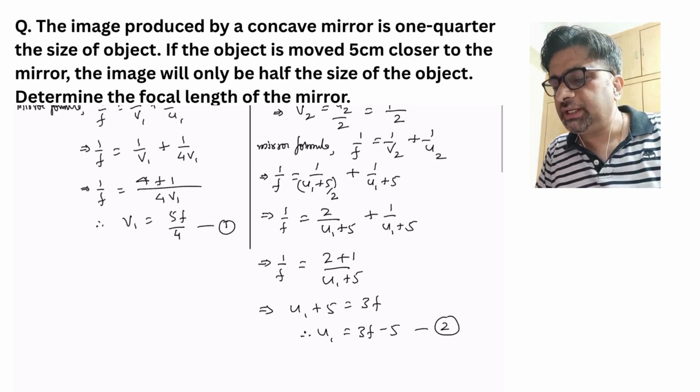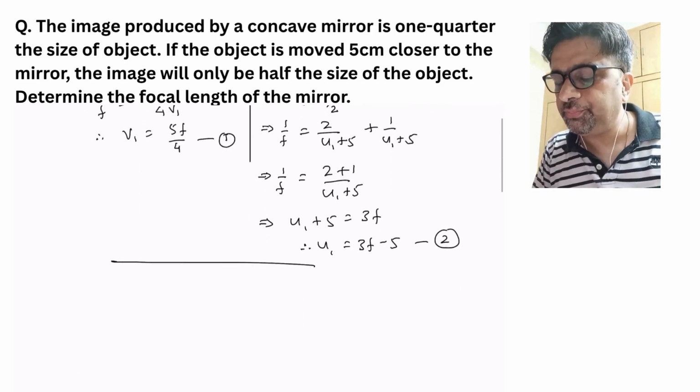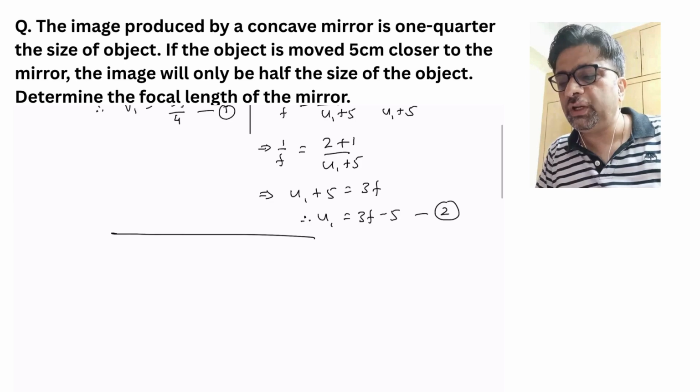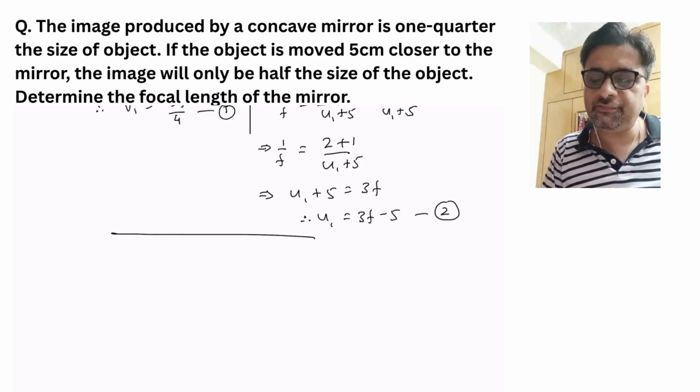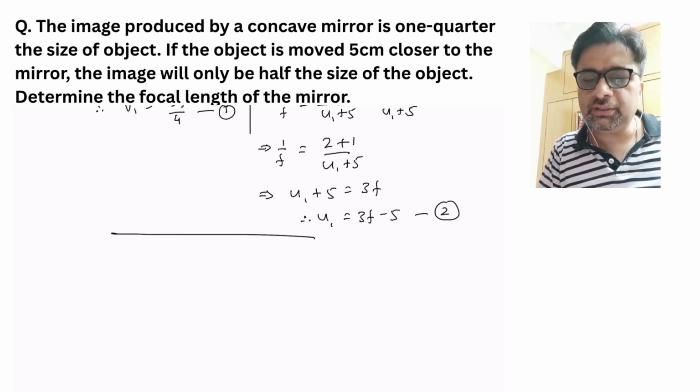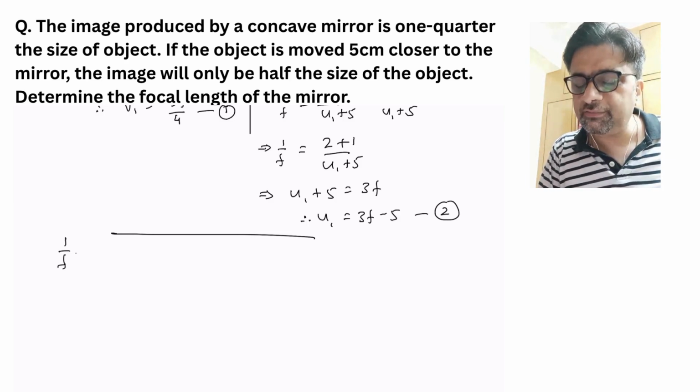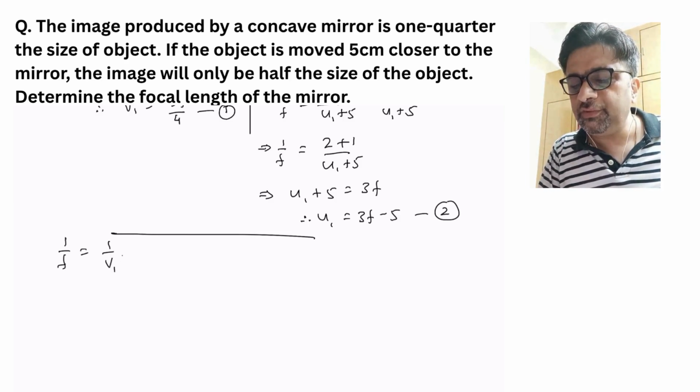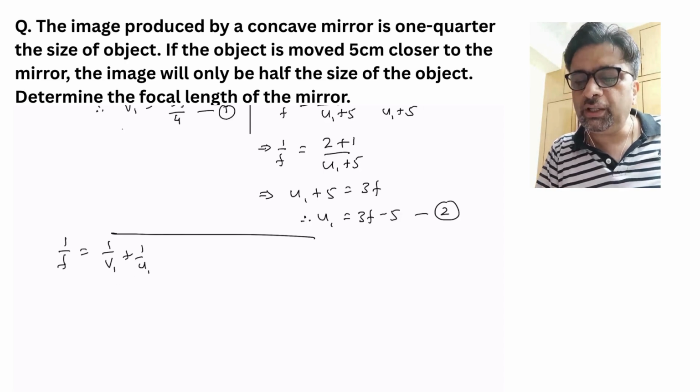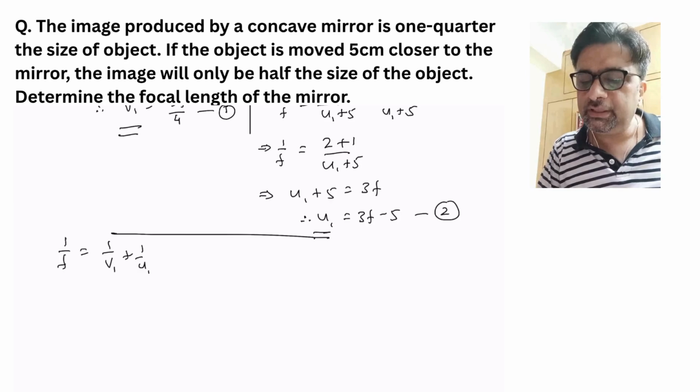Now we see that from equations 1 and 2 we have v1 and u1 in terms of f. So if we use the case 1 mirror formula, where we had 1 by f is equal to 1 by v1 plus 1 by u1, and express v1 and u1 in terms of f, let's see what we get.